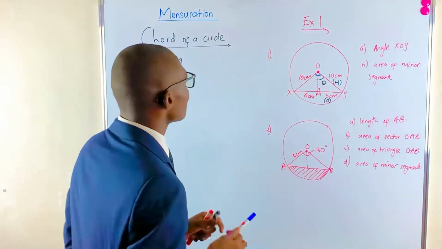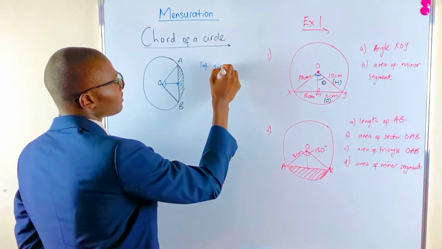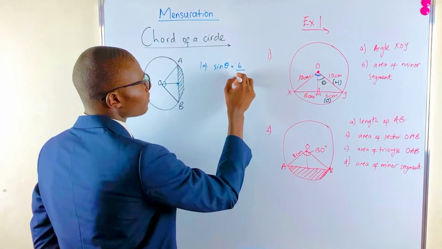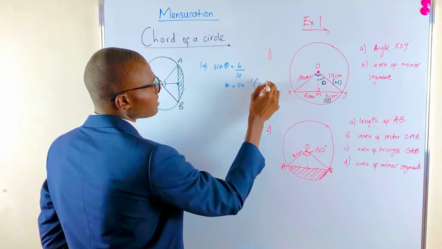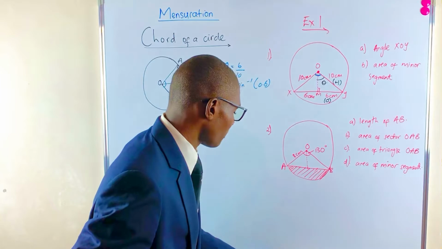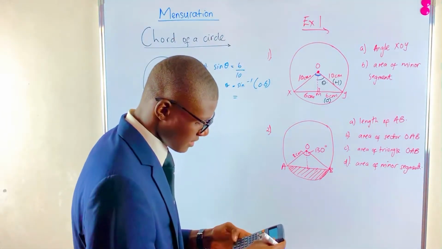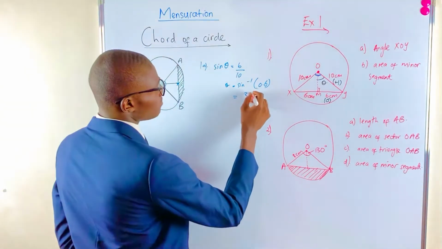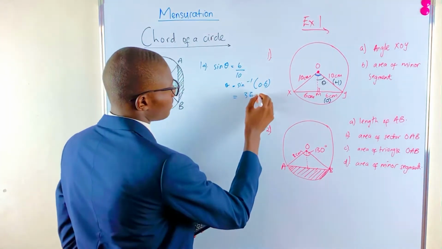For part 1a, sine theta is equal to the opposite side over the hypotenuse side. Theta will be arc sine of 0.6, let me get my calculator. Arc sine of 0.6 gives us 36.9 degrees.